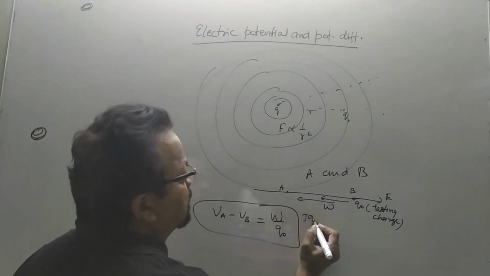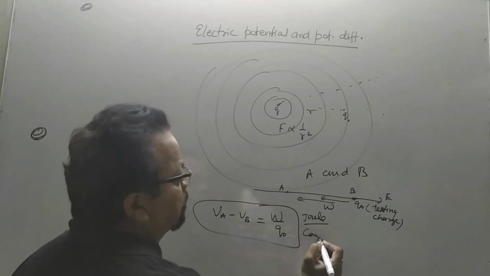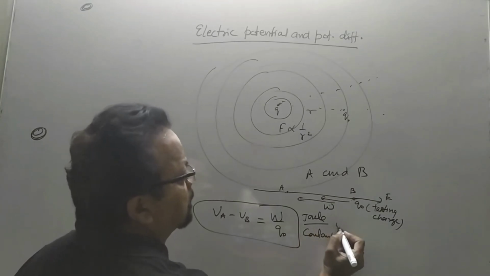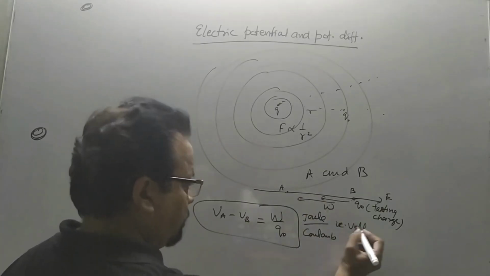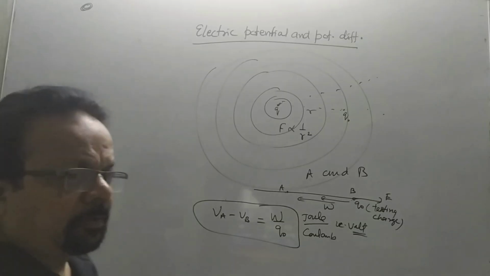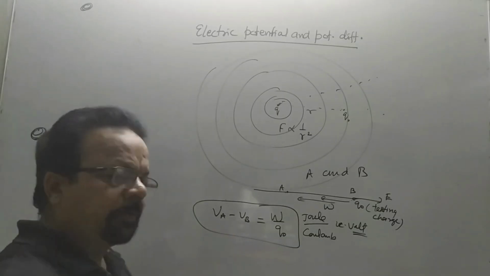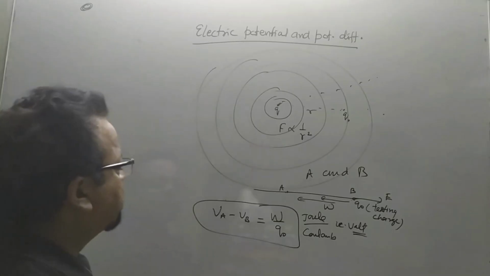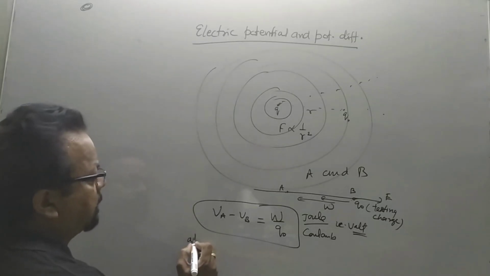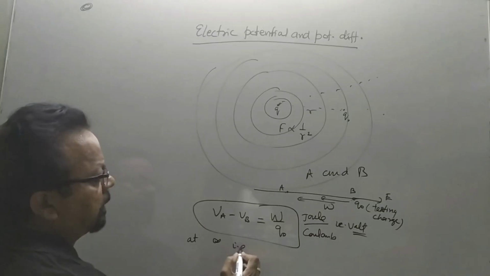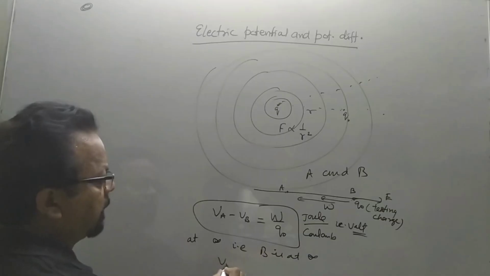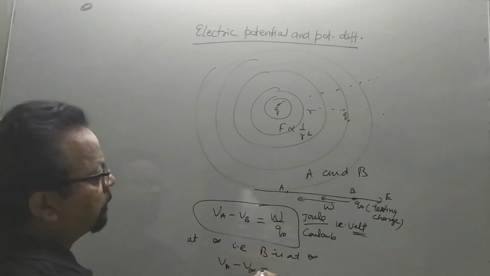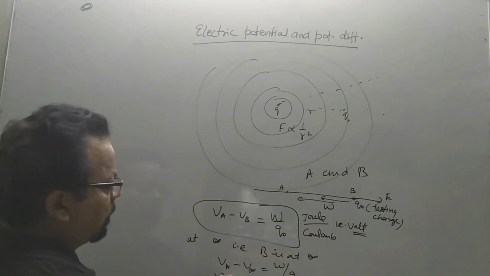Unit of work is joule. Q is coulomb. That is volt. Now from this formula we can explain electric potential. If B is at infinity, then VA minus V infinity equals W upon Q naught, or VA is equal to W upon Q naught.